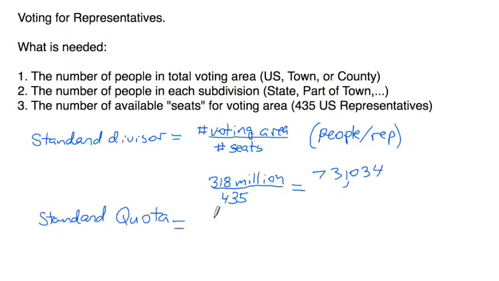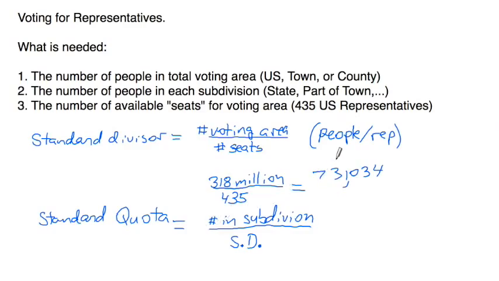So the standard quota would be the number in subdivision, state, part of town, how many people are in there, and you're going to divide that by your standard divisor there. So in the case of like North Carolina, there's I think about 7 million people in North Carolina. That number would go up top.